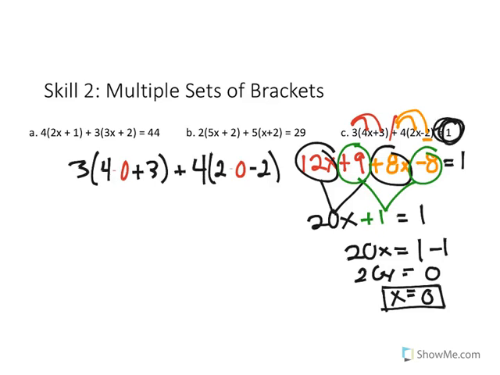It should equal 1, so let's check. So 3 times, well, 4 times 0 is 0, plus 3 is 3, plus 2 times 0 is 0, minus 2 becomes negative 2, 4 times -2 is -8.